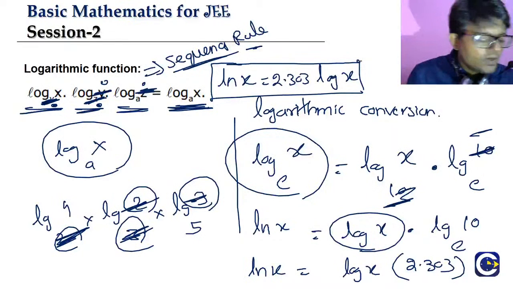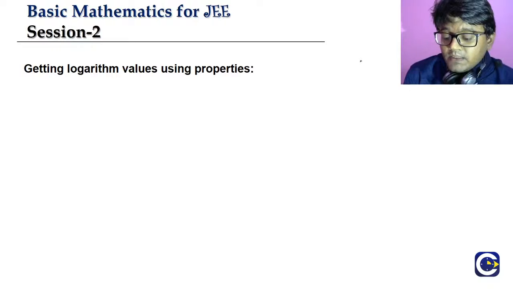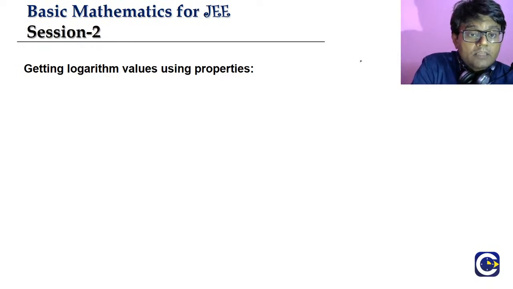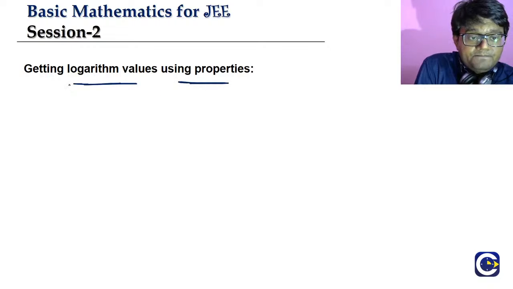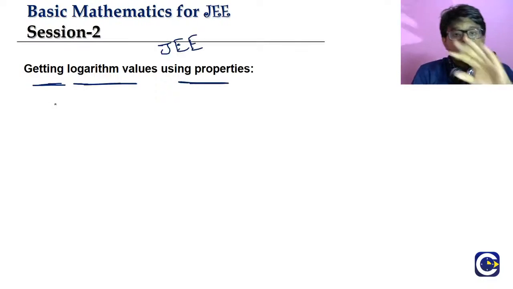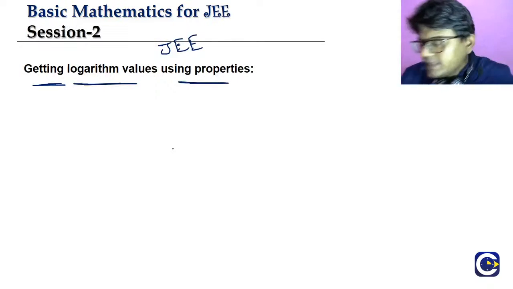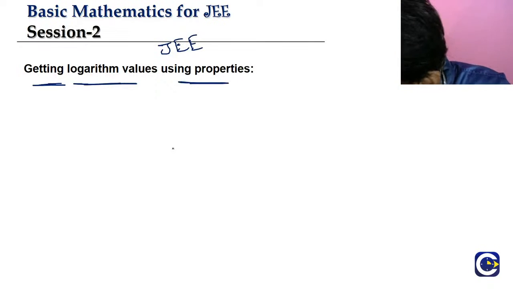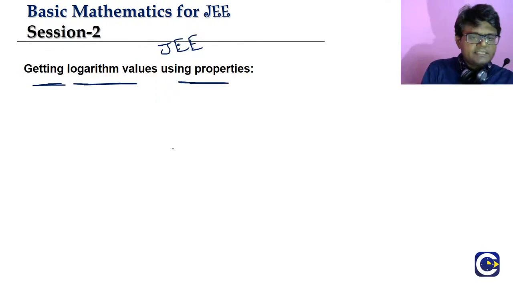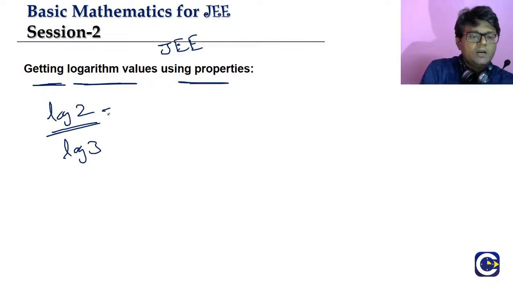Now what we are going to do is, we'll quickly look at the method of getting some common logarithmic values using the properties. When it comes to JEE, this is what is important for us. Just knowing the properties is one thing, but it will also help us while solving some problems, especially the problems where we are using integration, differentiation, etc. The two common logarithm values that we'll keep using are log 2, which is 0.301, and log 3, which is 0.477.